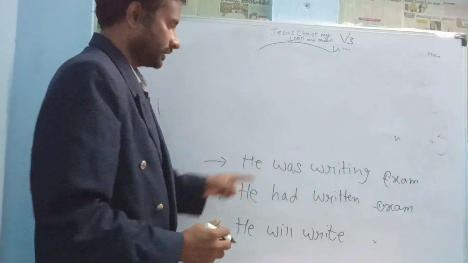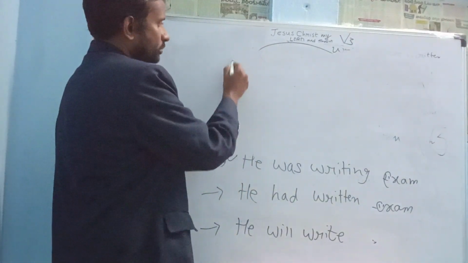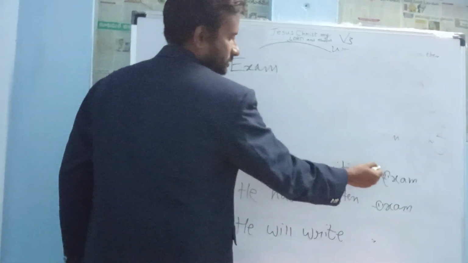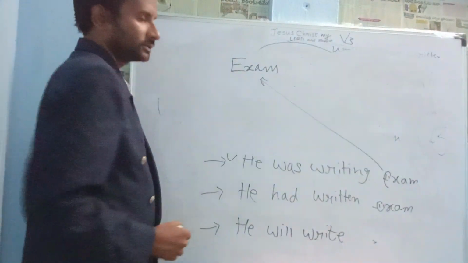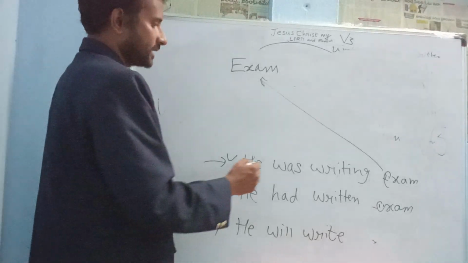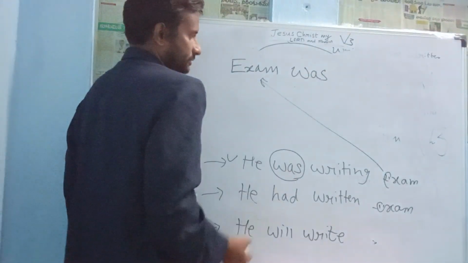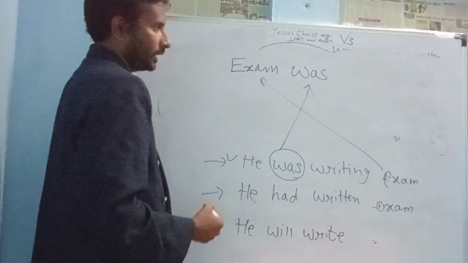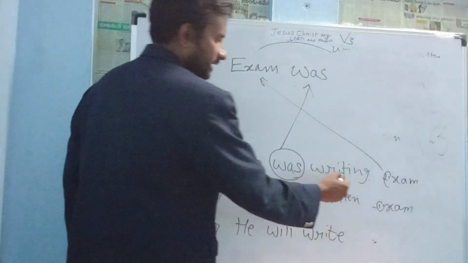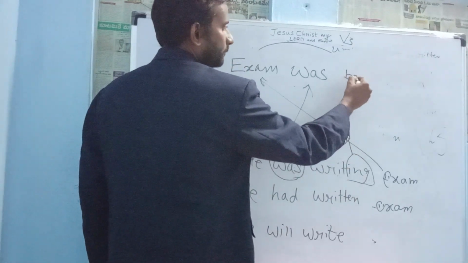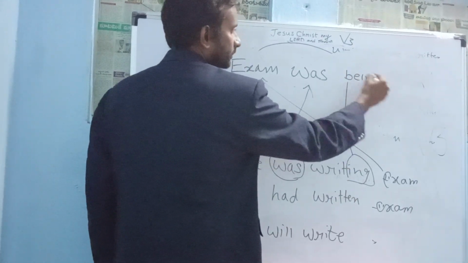Now we will see the past continuous tense. He was writing exam. So bring exam to the front. Okay, this we are bringing here in the front. And exam was. It is already there. Okay, same thing will come here. Exam was. And take this ing separately, writing, and bring here by adding be plus ing, being.